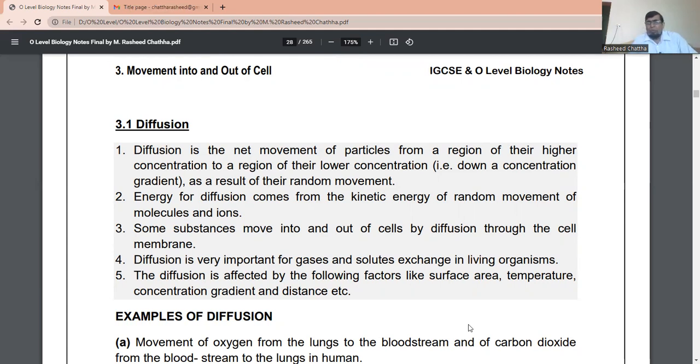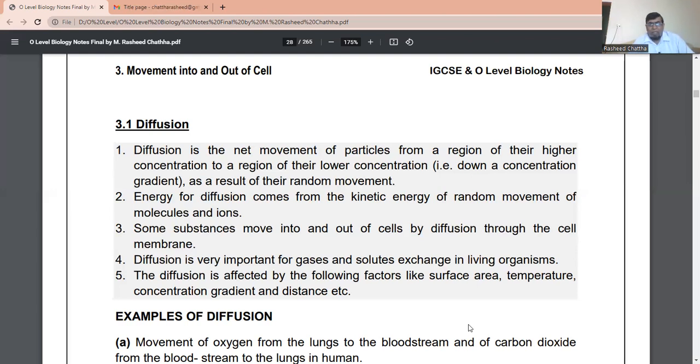Some substances move into and out of the cell through the cell membrane, and in some cases the cell membrane may or may not be involved. For example, when we mix some salt, sugar, or ink in a beaker of water, it is diffused equally, and a membrane is not required.